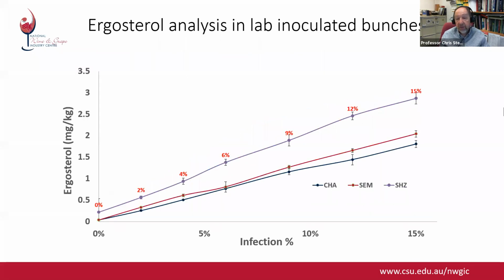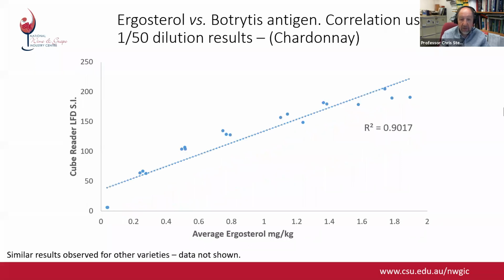This was the results that I showed you earlier, the same sort of bunches with the Agostrol, where we've got a linear type relationship. So the next thing we did was that we compared the Agostrol analysis with the antigens. And when you plot this, we get quite a good linear relationship. The R squared number is 0.9, except if you look at the far left-hand corner at that very low level again.